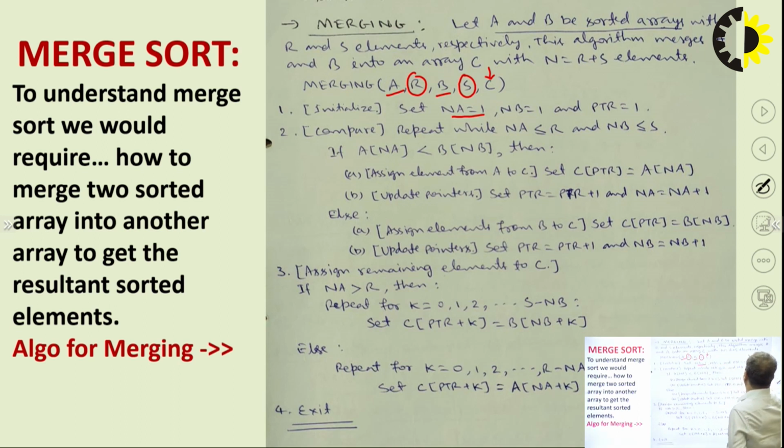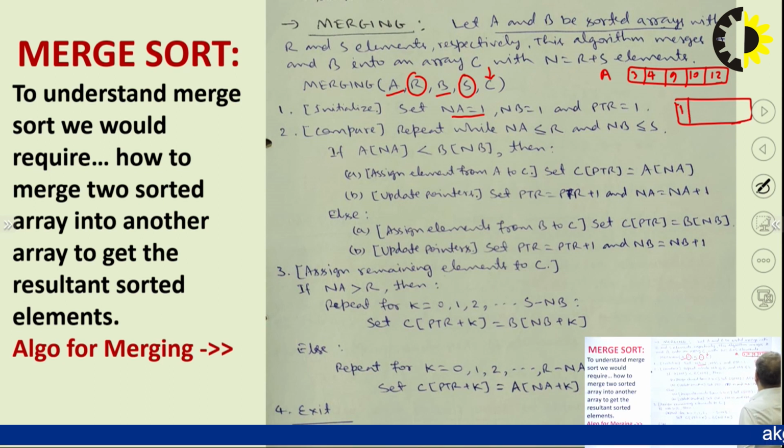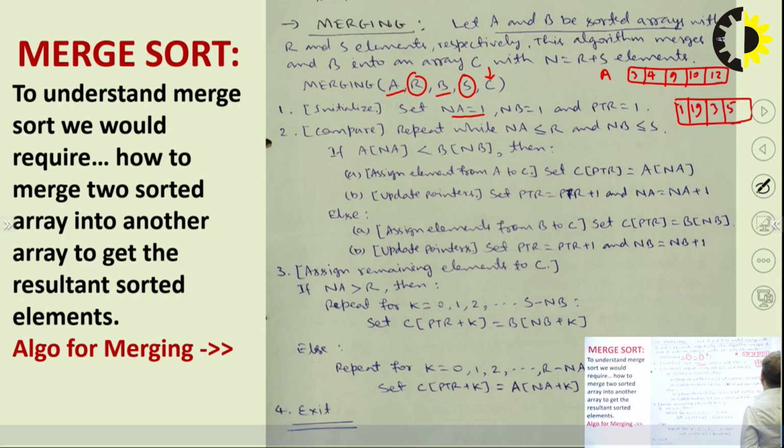Similarly, suppose this is the array A, the first array, which has some sorted elements, say 3, 4, 9, 10 and 12. Suppose B is like this, again some sorted array, say 1, 19, 3, 5, like this and so on.